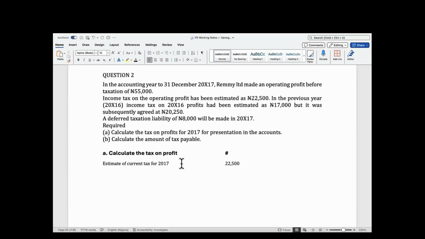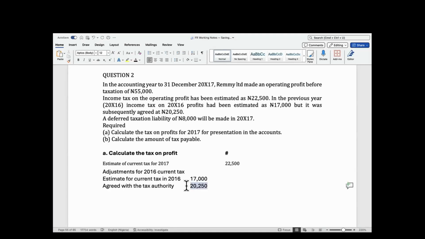And I will then make adjustments for 2016 current tax. Because the estimate of current tax in 2016 was how much? 17,000. Then agreed with the tax authority was how much? 20,250.